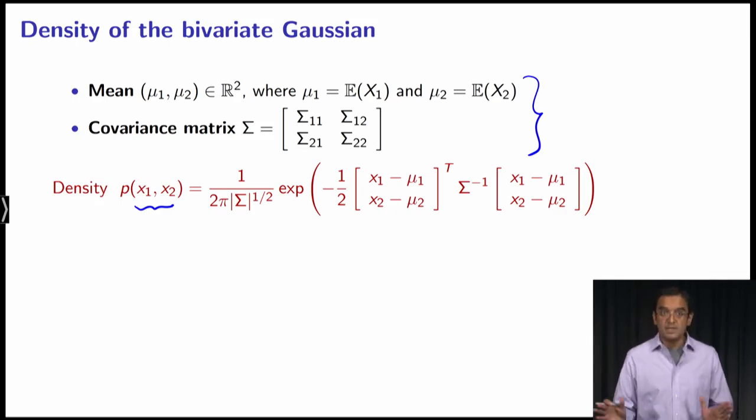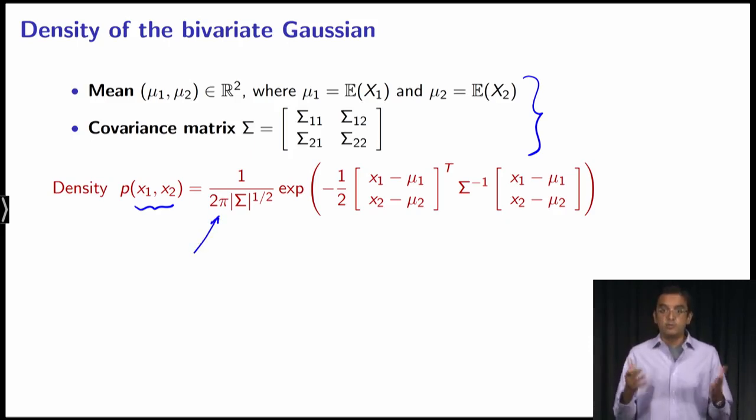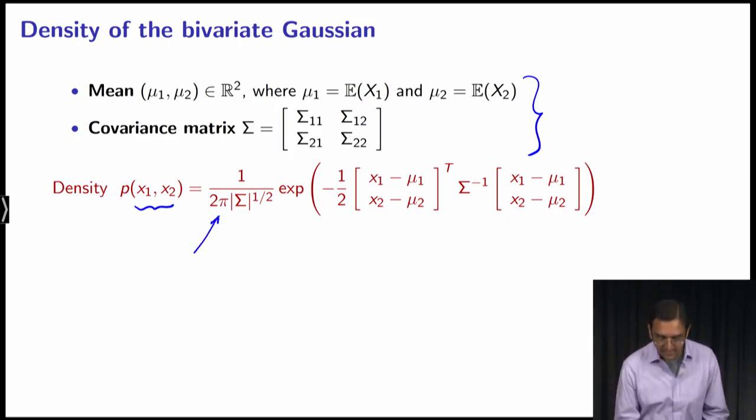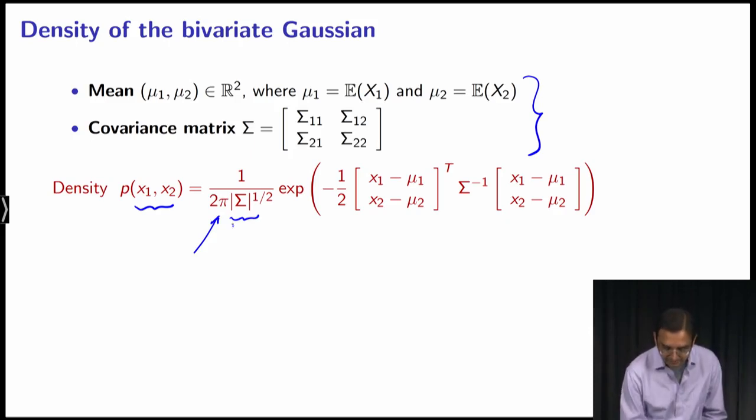So 2, I think we can all agree on what that is. Pi, this is just the pi 3.14. It's that pi, okay? What is this? So sigma is a 2 by 2 matrix. What does it mean to put 2 bars around sigma? Well, that actually is the determinant of the matrix. It's a way to write the determinant of sigma.